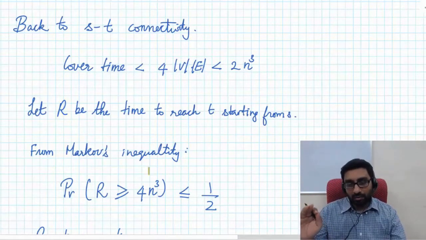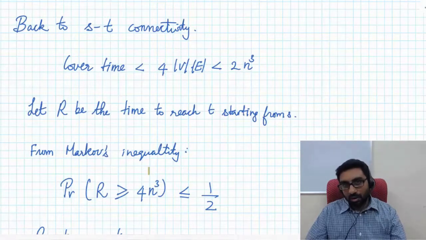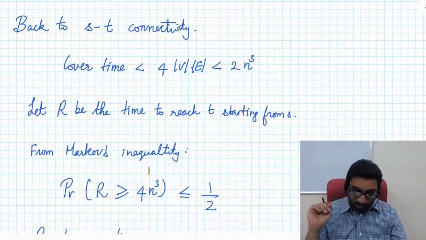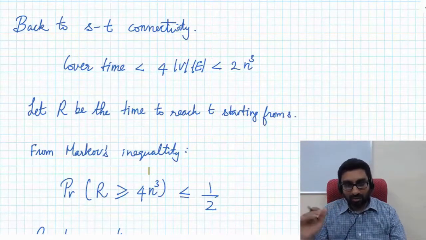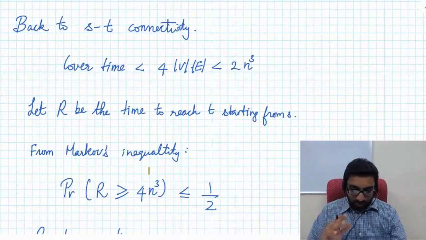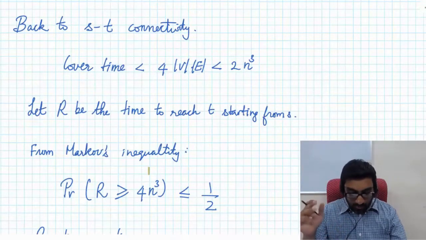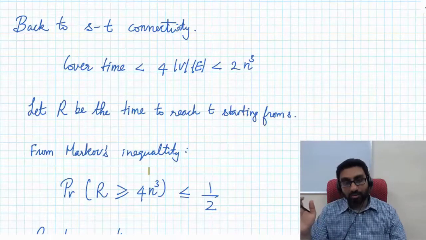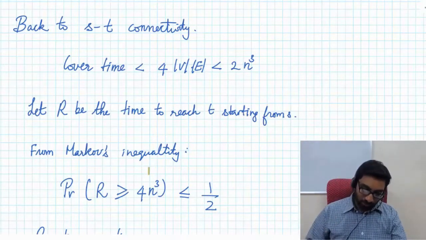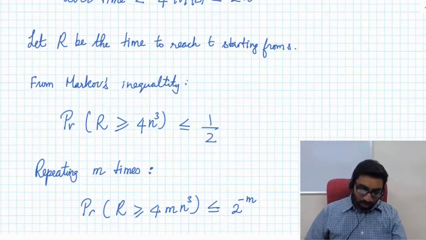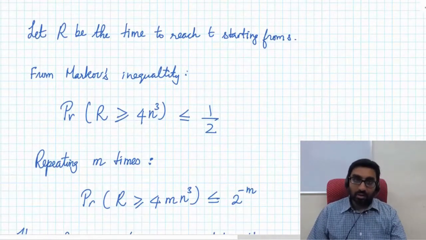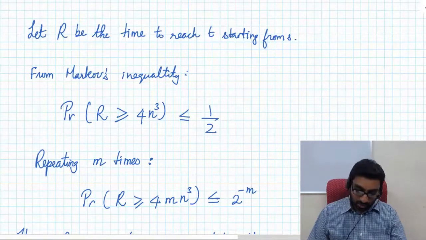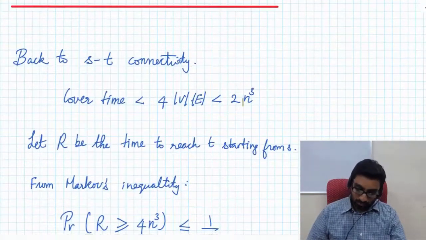We start from s, we start a random walk, and we allow this random walk to walk. Now let's assume that the graph is connected for the purpose of analysis. r is a random variable that denotes the time to reach t from s by this random walk. And we know that the expectation of r is at most 2n cubed.